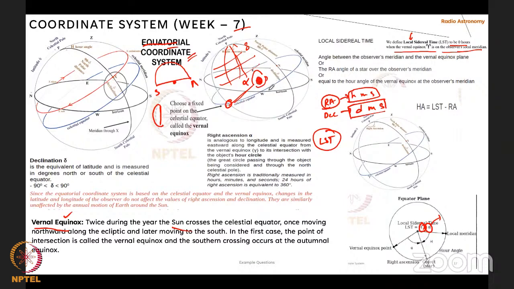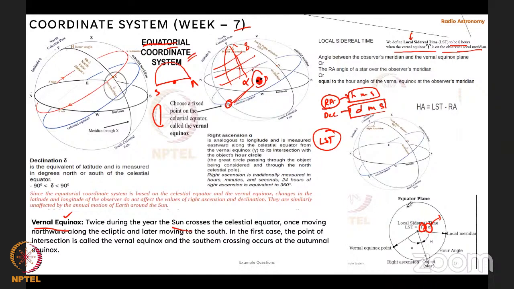Since the Earth is moving, if you are an observer somewhere, say here, then you will move with the Earth, and after some time you will reach here. Now from here to here, you traveled an angle, in terms of the celestial sphere, and that angle is known as hour angle.